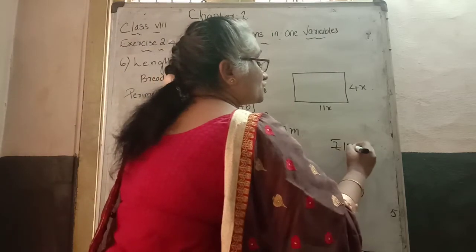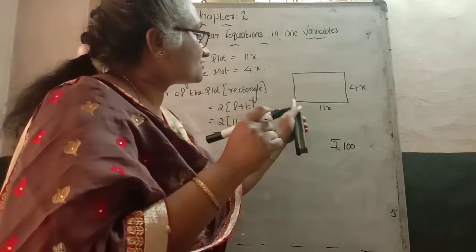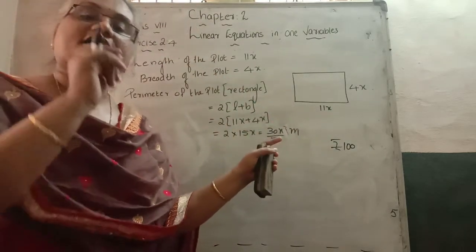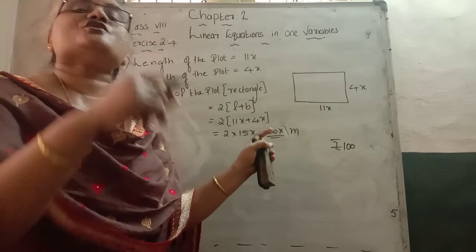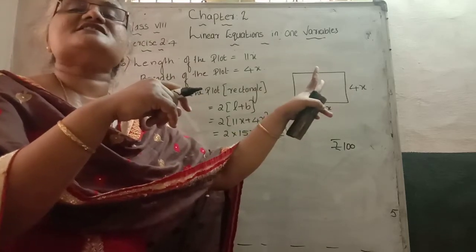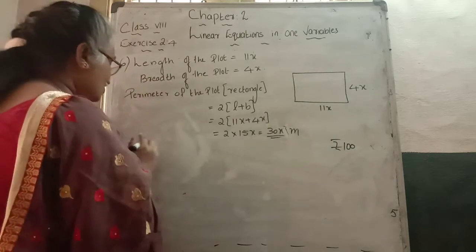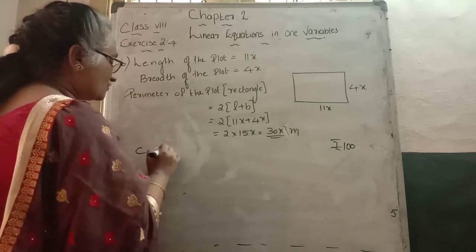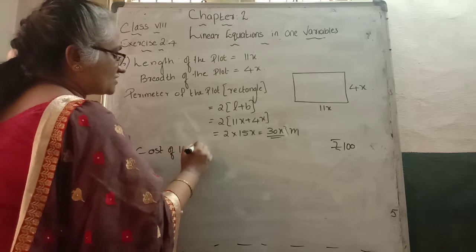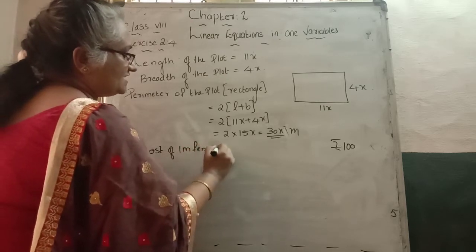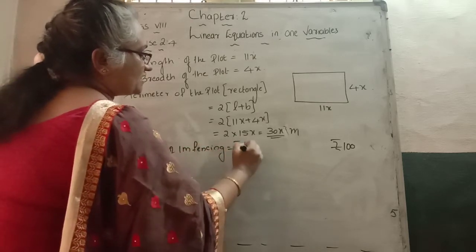For 1 meter of fencing, they allotted 100 rupees, and the total amount they gave us is 75,000 rupees. So next we write: cost of 1 meter fencing is equal to rupees 100.